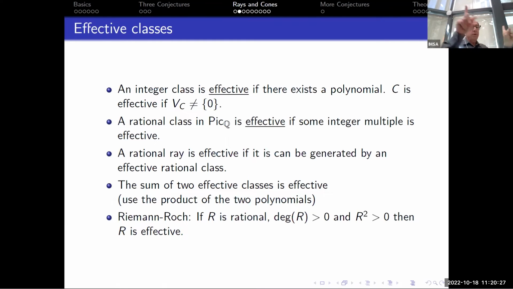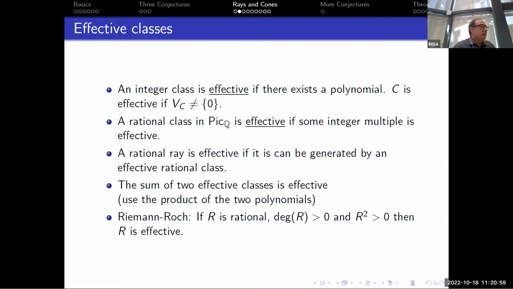Now, the sum of two effective classes is effective, right? Because if you have a polynomial that exists for one and another polynomial for the other, then the product of the two polynomials has the sum of the degrees and the sum of the multiplicities. So in general, the set of effective classes forms a cone, closed under sums.